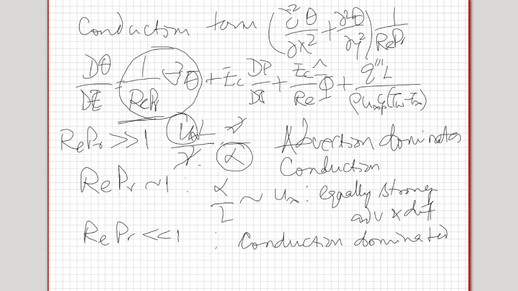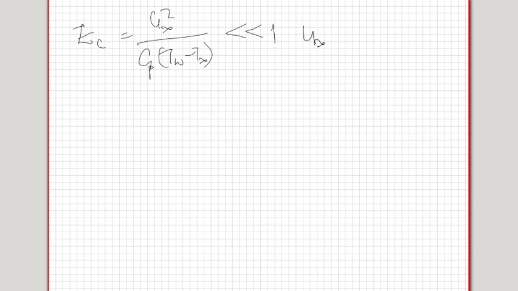So let us try to understand what that is. What is the Eckert number? We saw that the Eckert number is equal to U infinity squared divided by Cp times (T wall minus T infinity). So if Ec is much less than 1, then I would say U infinity squared is much less than Cp times (T wall minus T infinity).